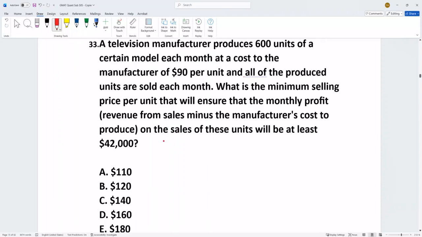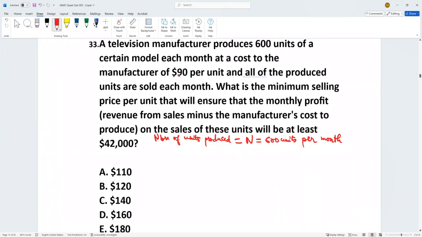So we can start by saying that we know that the number of units produced, we are going to call it N, is equal to 600 units per month.